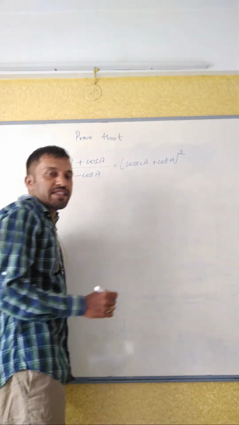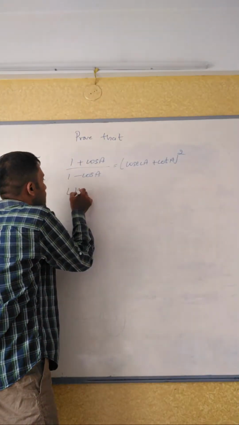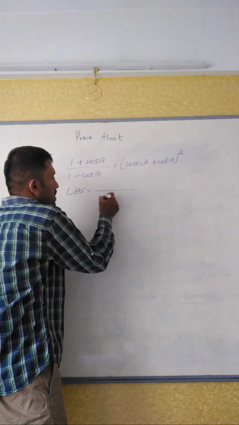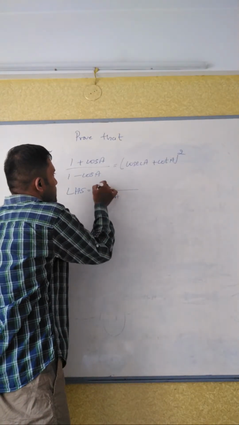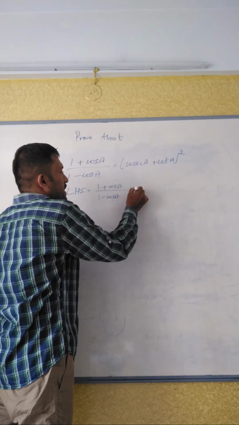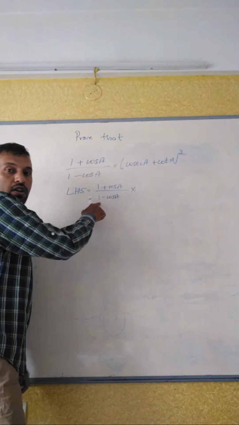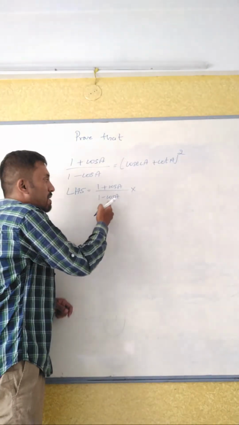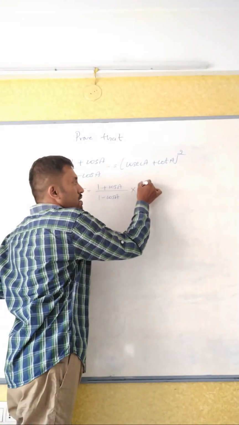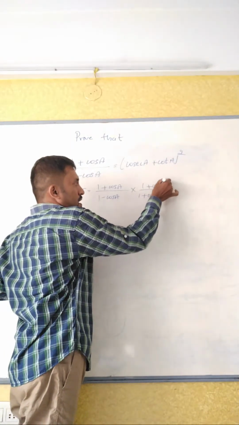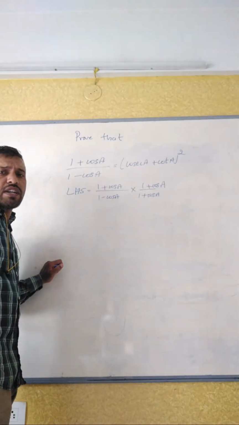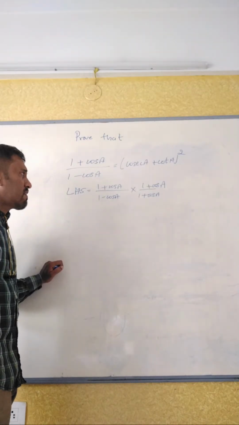Taking our left hand side in this, 1 plus cos A over 1 minus cos A. I multiply the numerator and denominator with the conjugate of the base, that is 1 minus cos A. Here I use 1 plus cos A over 1 plus cos A. So 1 plus cos A by 1 plus cos A is nothing but 1. Multiplying by 1 will not change any value.